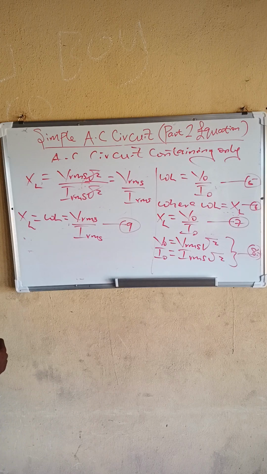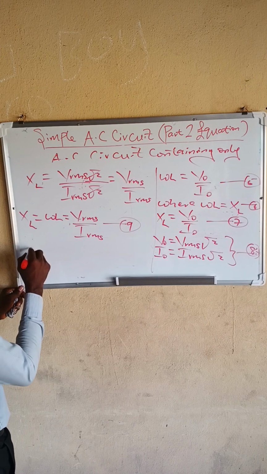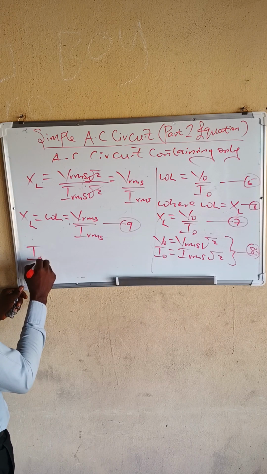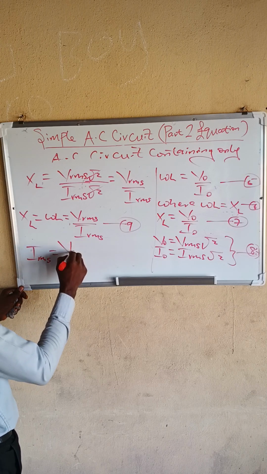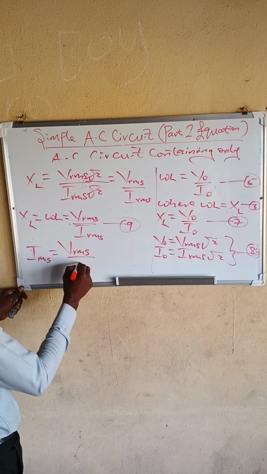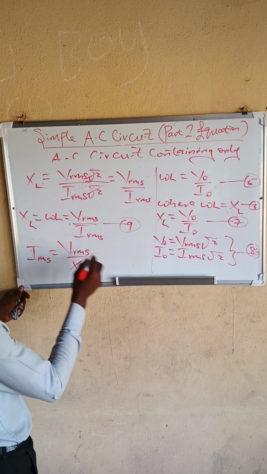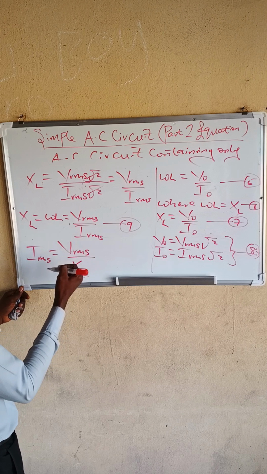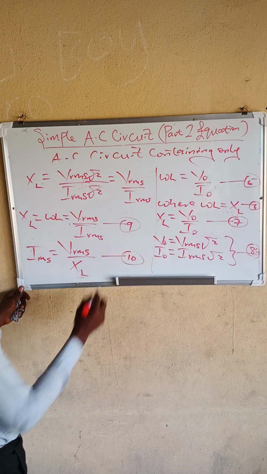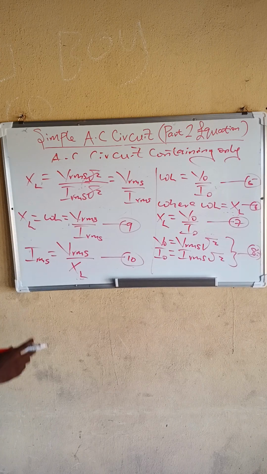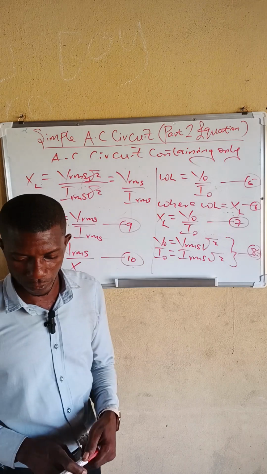Then we look into the current flowing in the circuit. The current flowing in this circuit is given as current root mean square is voltage root mean square over inductive reactance. This is called equation 10. This one is the formula for current flowing in the circuit.